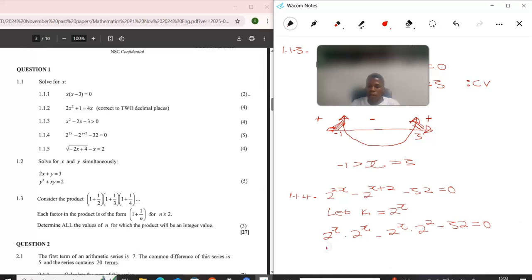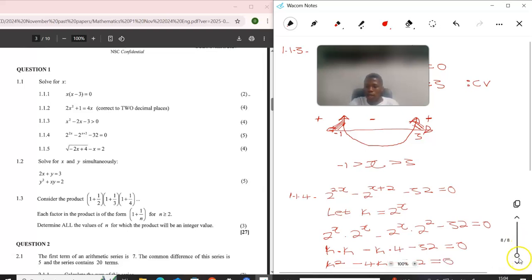Therefore, where you see 2 exponent x you write k: k squared minus k times 2 squared, which is 4, minus 32 is equal to 0. Therefore, you get k squared minus 4k minus 32 is equal to 0.